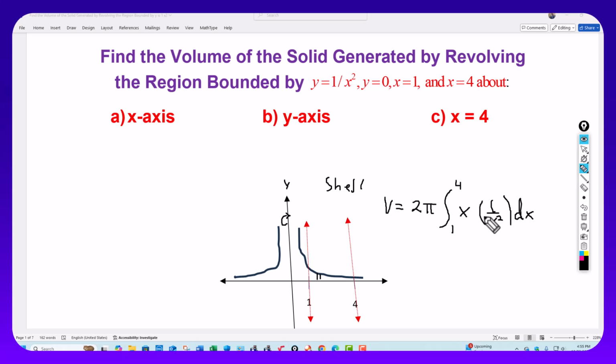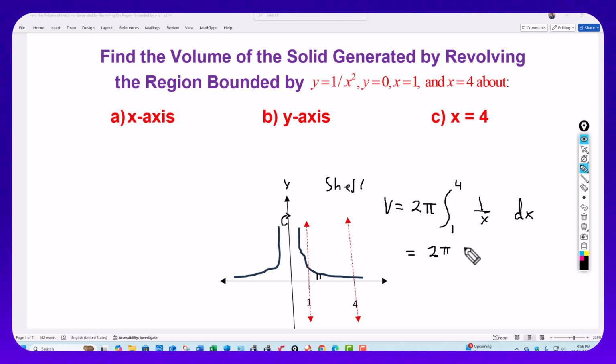So this is going to cancel here. We have x and 1 over x squared. This will simplify to 1 over x. So it's 1 over x dx, so this just gives me 2 pi.